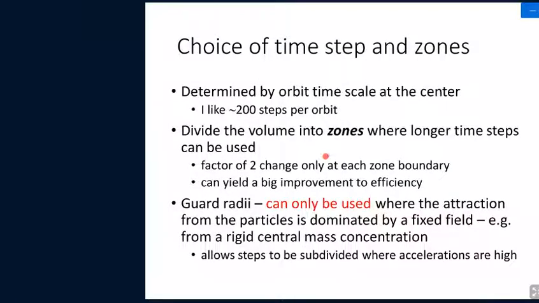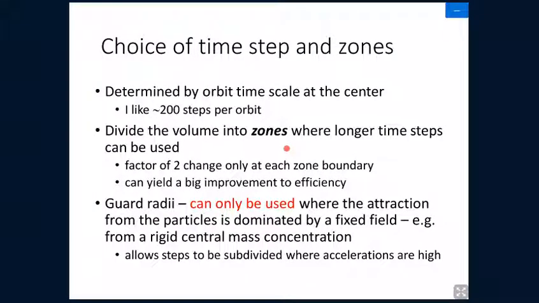There is another option, and that is to use guard radii, which unfortunately many people have misunderstood. You can subdivide time steps below the basic time step that you've chosen for the shortest period orbit in your simulation, if you wish, using these guard zones, where you can integrate the orbit on shorter time steps still, without calculating the gravitational field at every step.